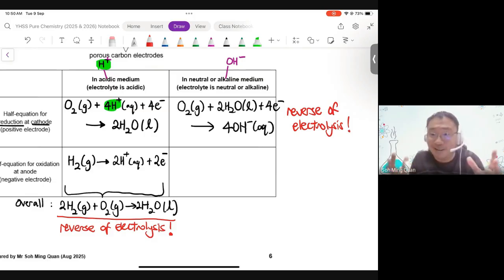That's why the products and reactants also switch. And finally, the last one, the oxidation at the anode under alkaline medium is this. Oh, sorry, shouldn't use red color, use black color ink.